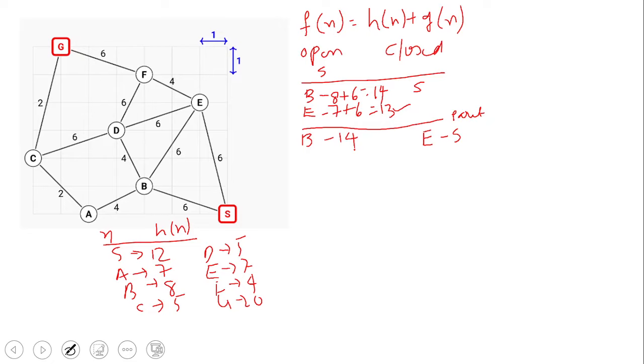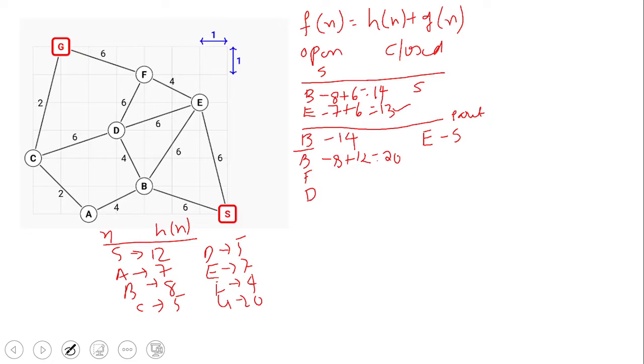So the nodes connected to E are B, again I am writing B, this is the previous B, F, and D. Now you see what is the value for B. h of n is already 8 plus, now you see the g of n. First it is moving from S to E and E to B. So this is 6, this is 6. 6 plus 6, 12. Okay, so now we got it as 20.